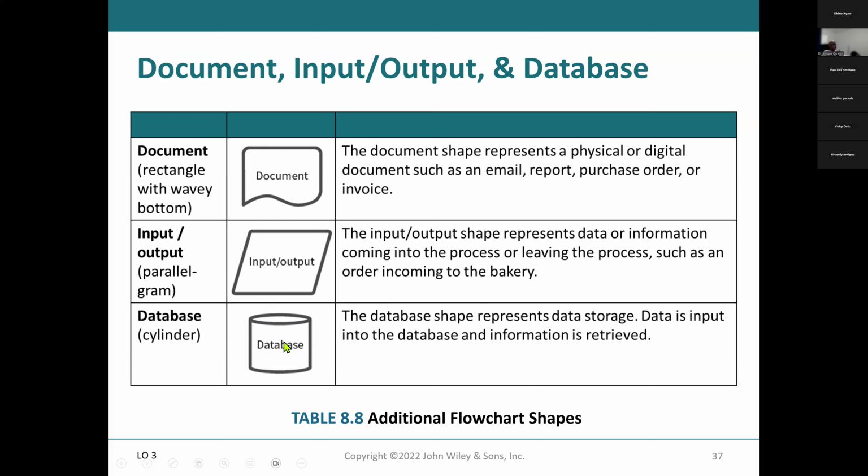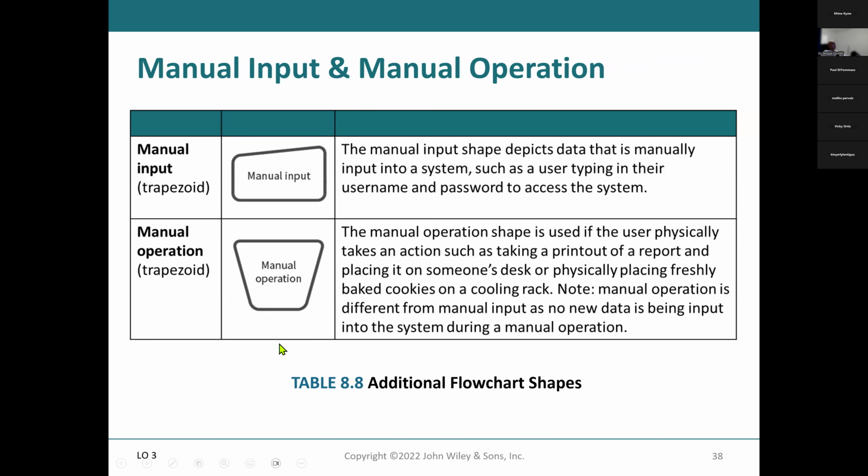Data is going into the database. Manual input: somebody is typing something into the system, for example. Manual operation: not something automated through the computer, but something being done in a manual, non-automated way, which is part of the process. That trapezoid symbol is used for that.